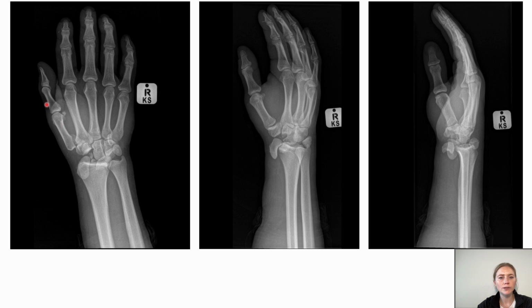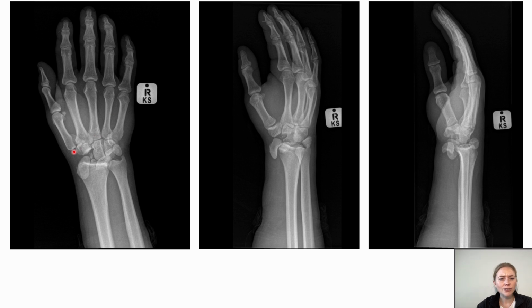We can see once again those sesamoid bones. And then at the base of the first metacarpal, there is an abnormality. So it looks like there is a base fracture of that first metacarpal that does extend into that joint. So that looks like an intra-articular fracture.